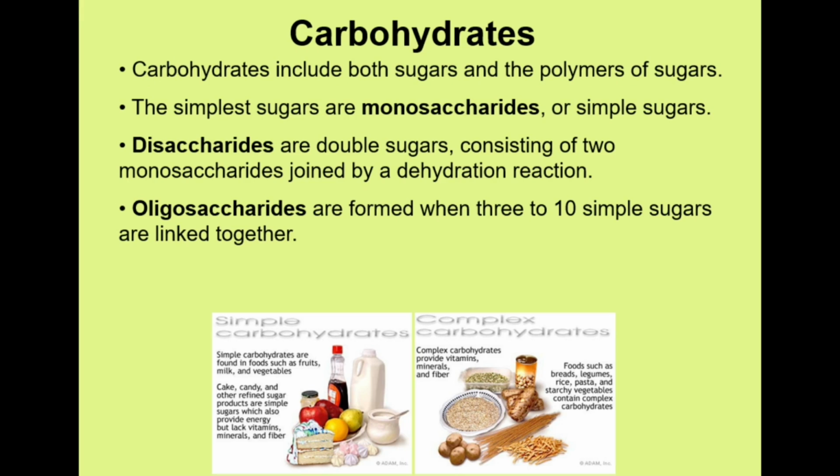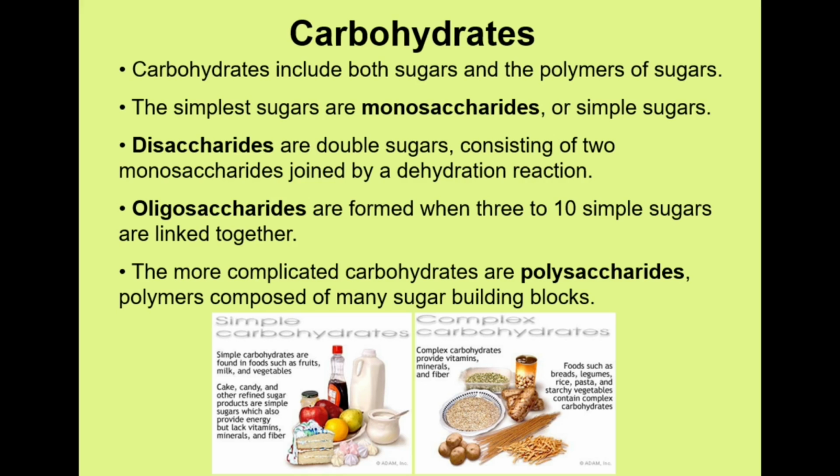They form important tags on the outside of our cells, for instance, that enable cells to recognize each other and to recognize pathogens. So they enable this cell-cell recognition. I'll give you some examples when we talk about cells in the future. So oligosaccharides are formed when 3 to 10 simple sugars are linked together.